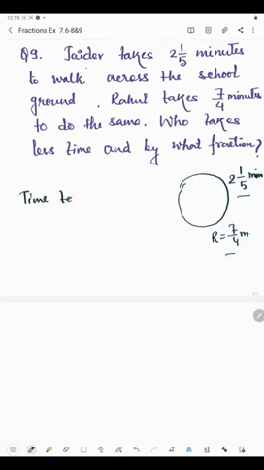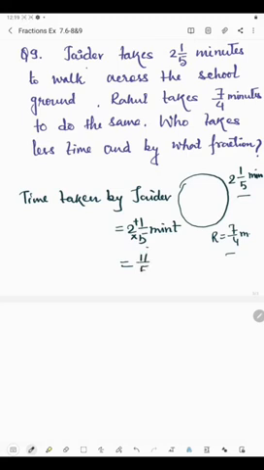So we'll write time taken by Jaydev is 2 1/5 minutes. Now 2 1/5 means 5 2s are 10. We'll just multiply these two and the result is to be added with this. So it's 5 2s are 10, 10 plus 1, 11/5 minutes.